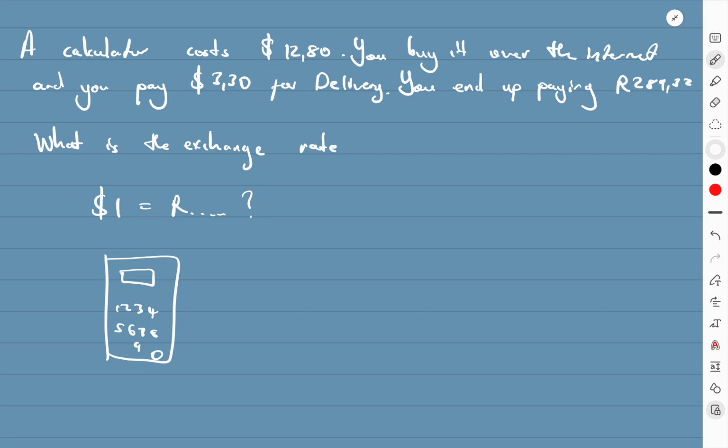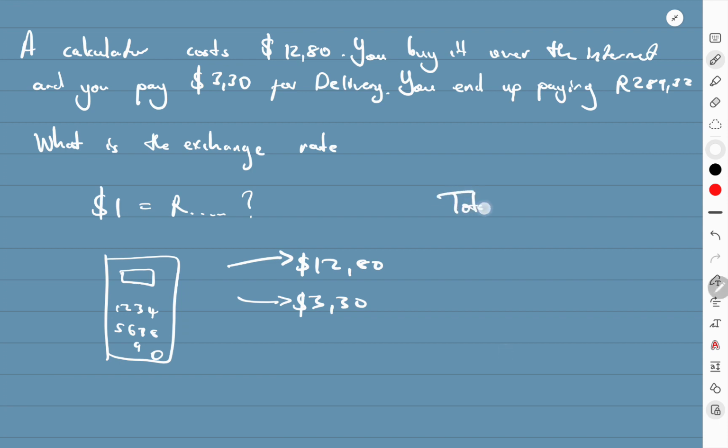You want to buy this calculator. You have paid $12.80 for the calculator that is on the shelf in the American stores. But then you also pay $3.30 for the shipment of this calculator from the shelf to your door. There has to be some shipment transport fee, which is $3.30. Now, what is the total amount in dollars?